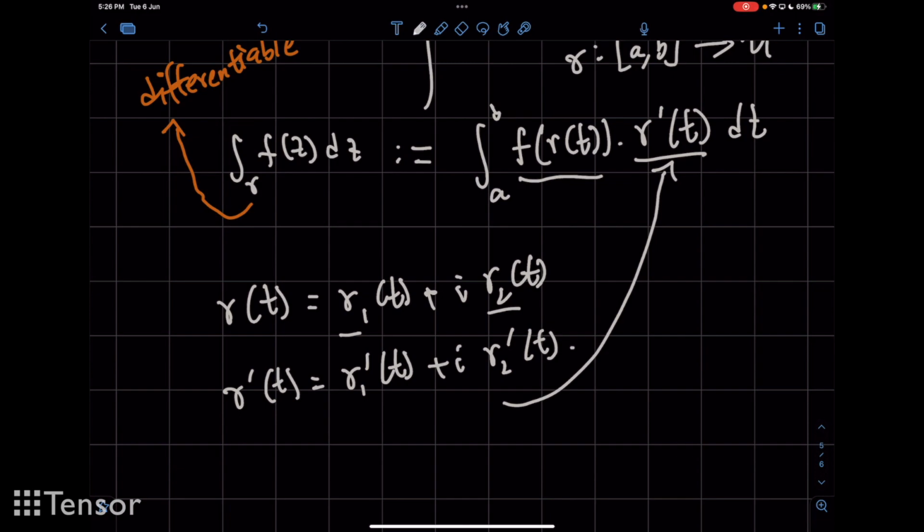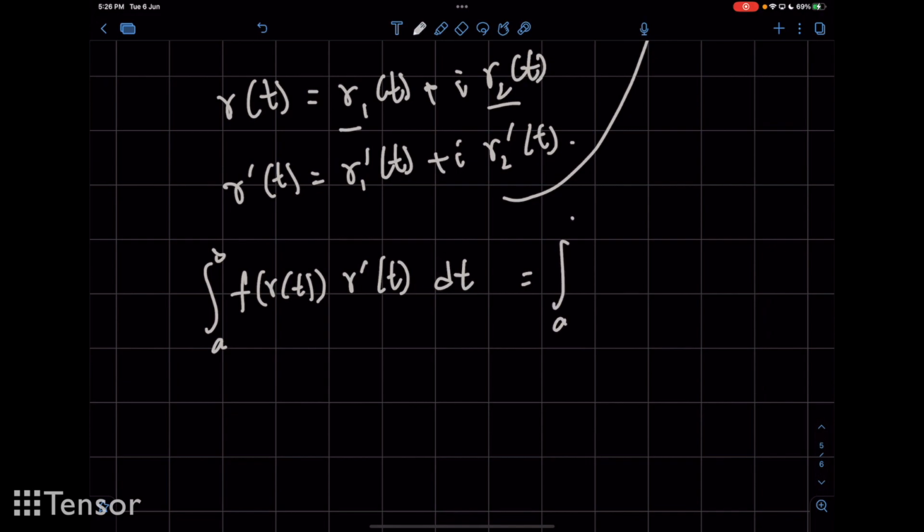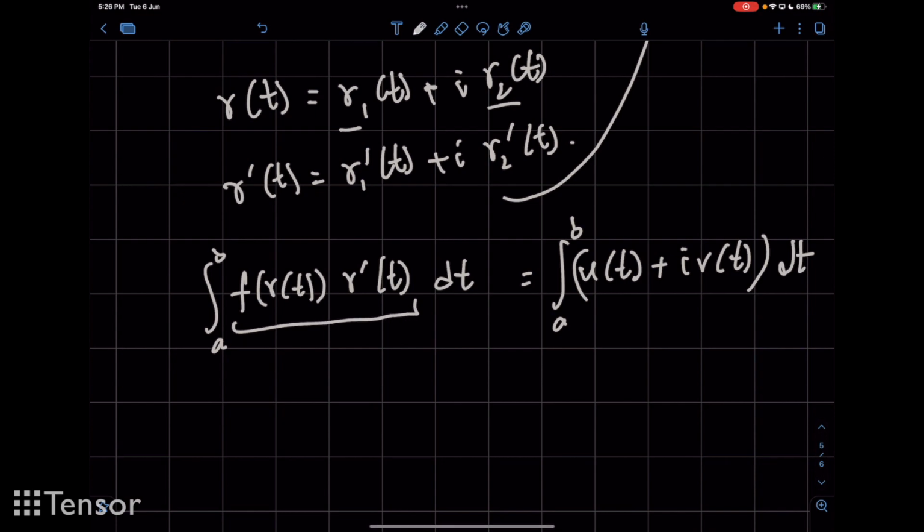But we are integrating over a real interval. So how do we define it? Let's say the integral from a to b of f of gamma of t times gamma prime of t. This gives us a complex number, let's say u of t plus i v of t, where u and v are the real and imaginary parts, and they are real valued functions.